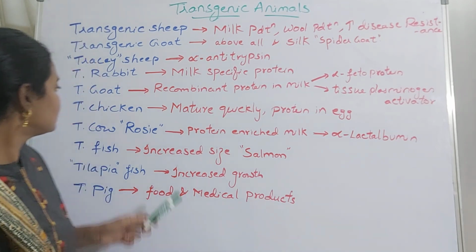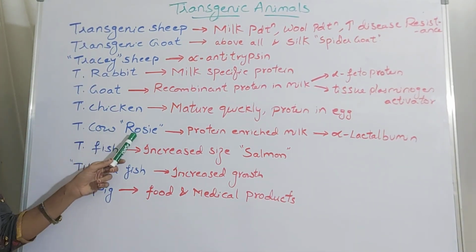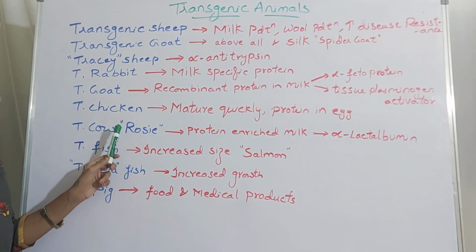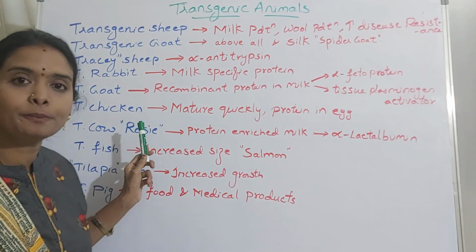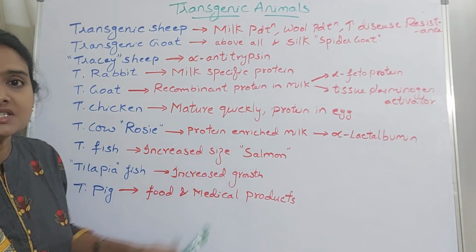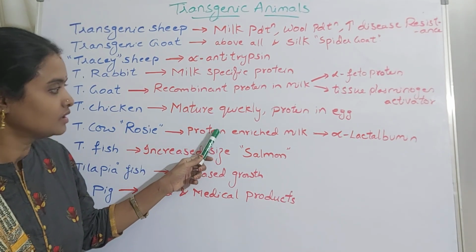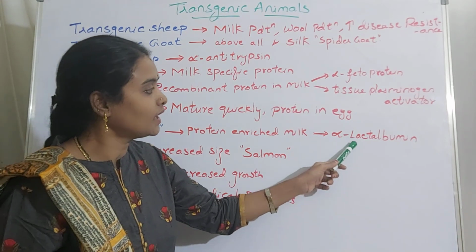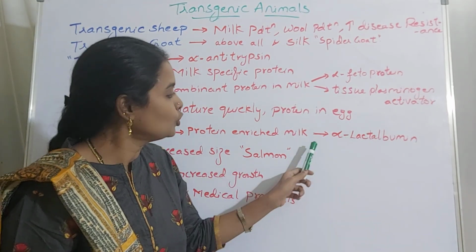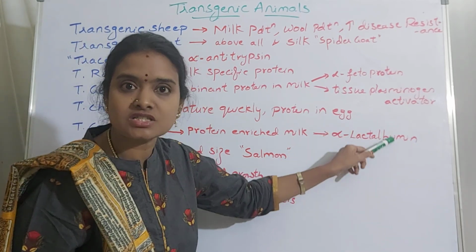Right? Next coming to another transgenic animal, Rosie. Right? The first transgenic cow was named Rosie and here it is able to produce a milk which is protein enriched. That means it is having all balanced nutrients in its milk, right? So it is producing a high amount of alpha lactalbumin, right? Human alpha lactalbumin. That means this is produced in the mother's milk, right?